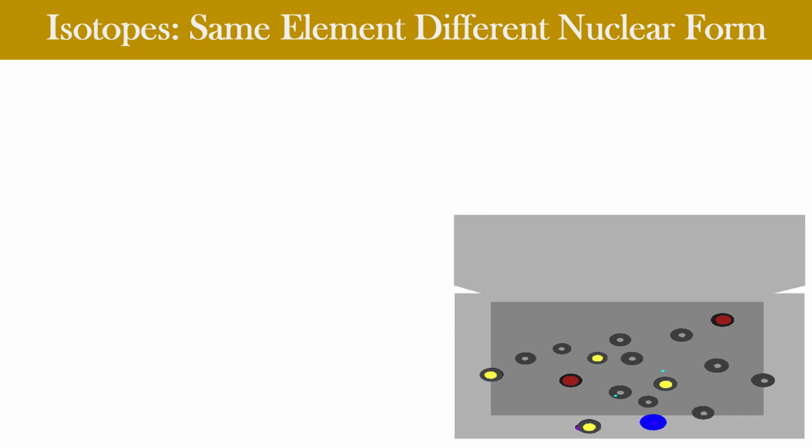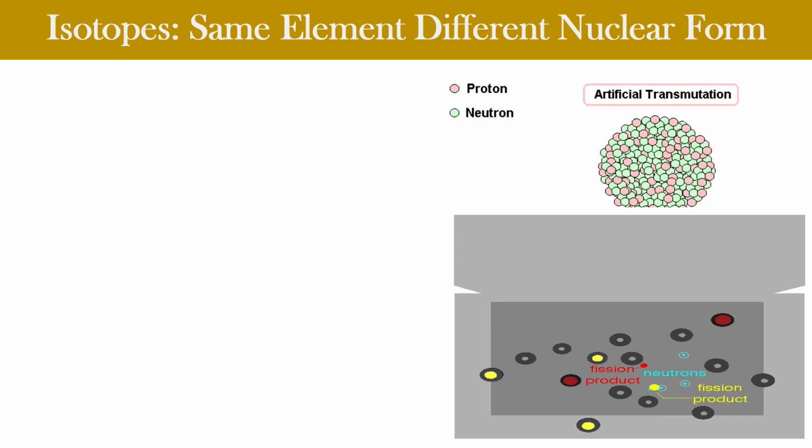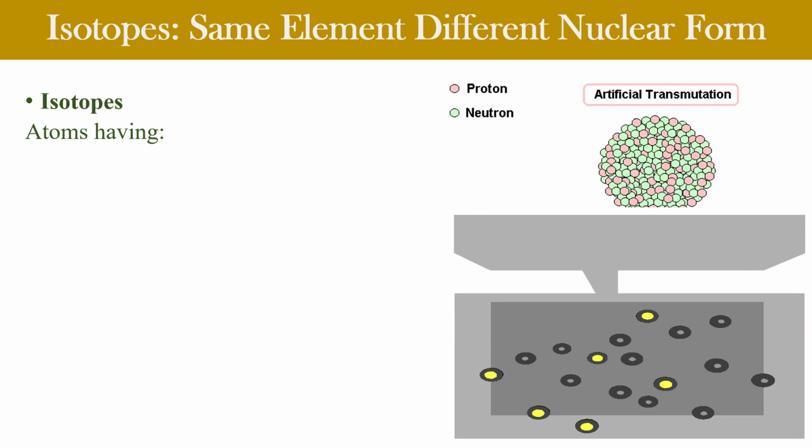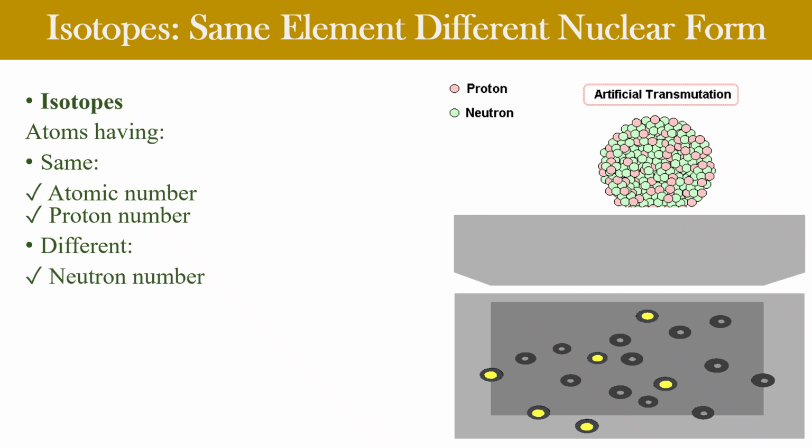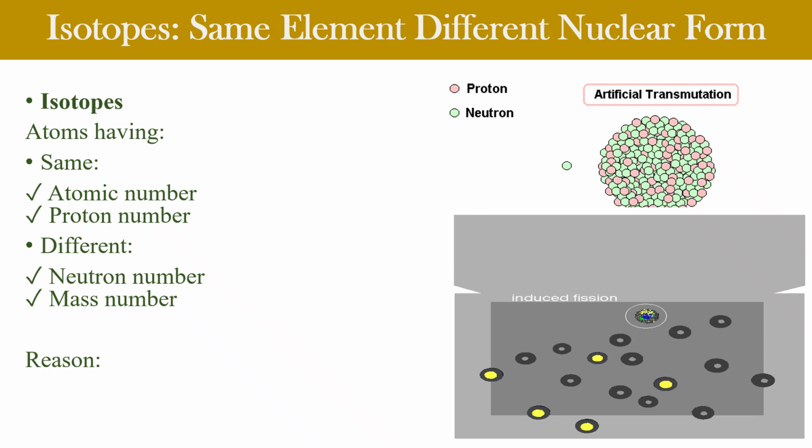But when the number of neutrons changes in the atom, there will be a change in nuclear mass and stability. These different nuclear forms of the same element are called isotopes. Many radioactive sources used in medicine are isotopes, because unstable isotopes release radiation to become stable.